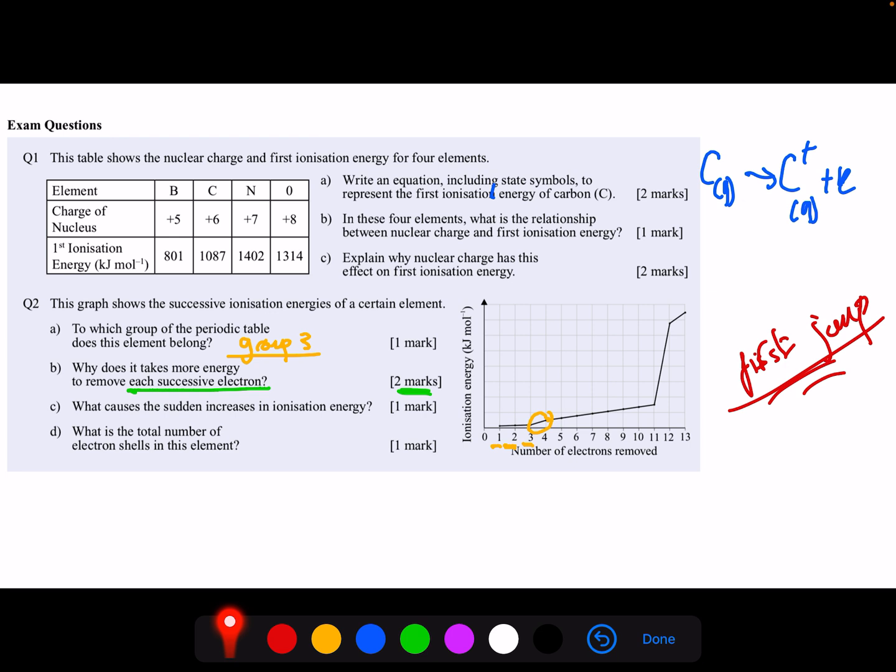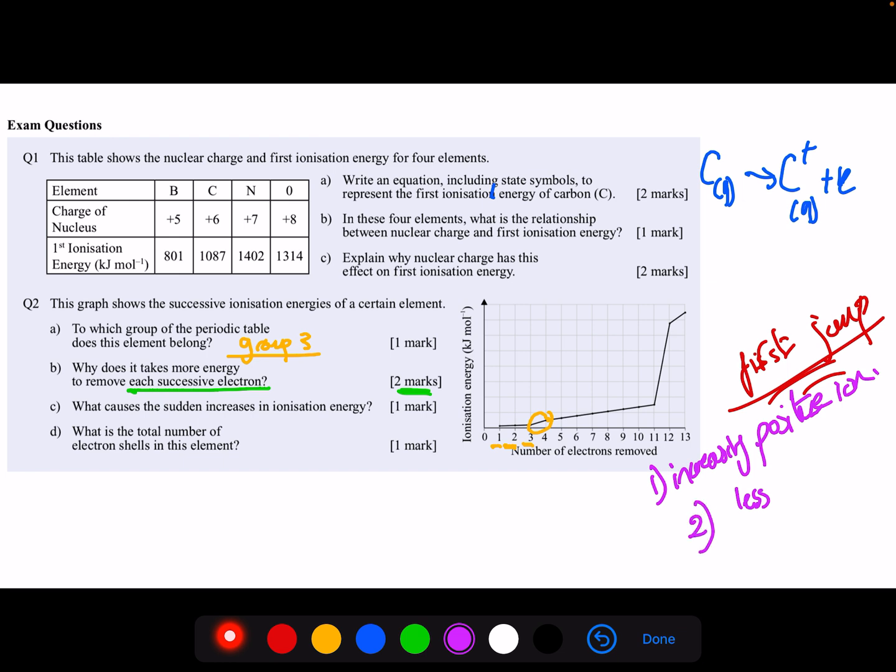There are more protons acting on fewer electrons.